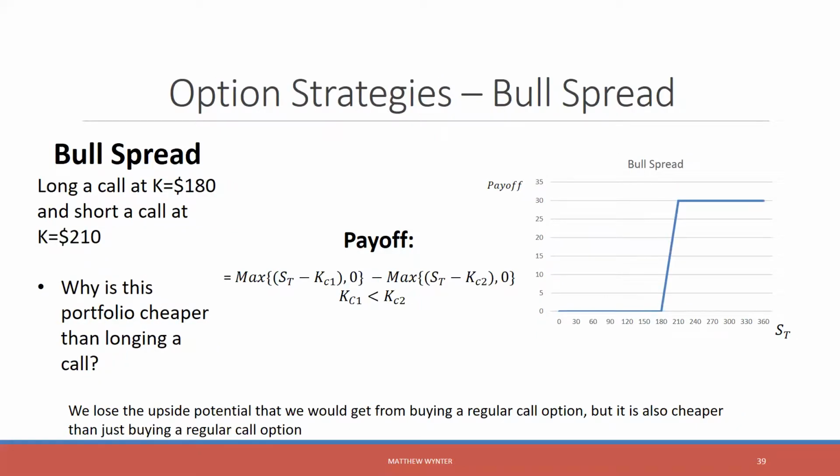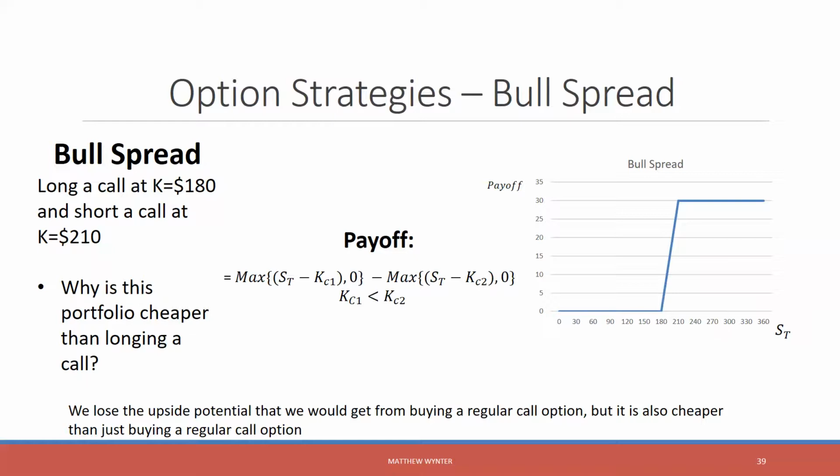Okay, a bull spread. So we said that if we expect the euro to appreciate, we should long a call. Longing a call or buying a call still costs money. Suppose instead we do a bull spread. So we long a call with a strike at 180 and we short a call with a strike at 210.